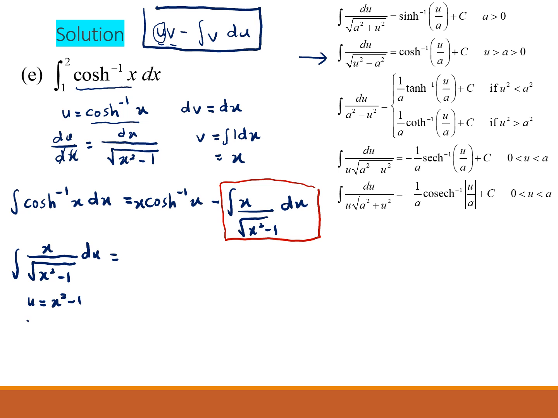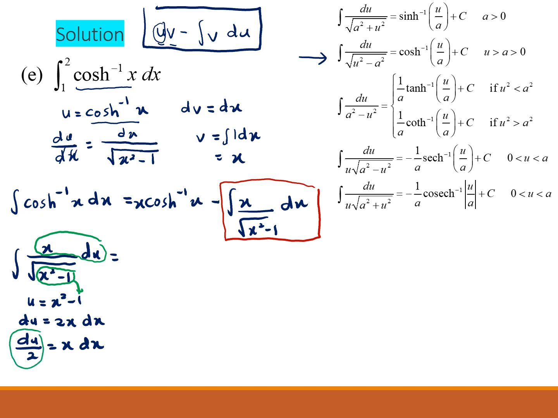So now we have du equal to 2x dx, or we can write x dx as du over 2. As you can see here, we substitute x squared minus 1 with u, and x dx with du over 2.